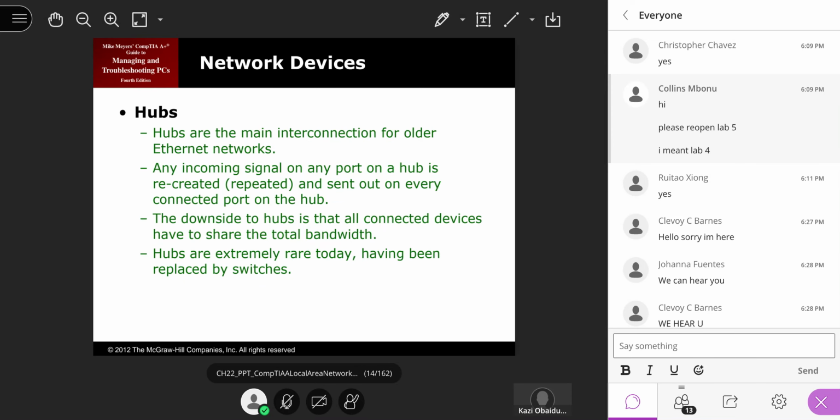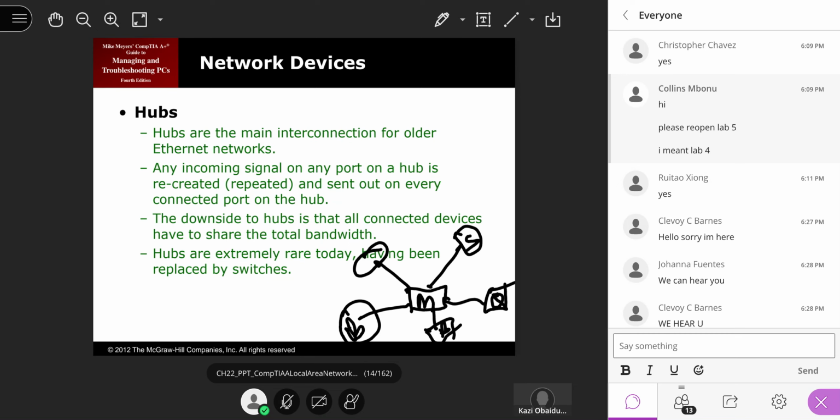Let's say this is Manhattan. Here's Staten Island, here's Queens, here's Brooklyn, and here is me in the Bronx. And New Jersey also.